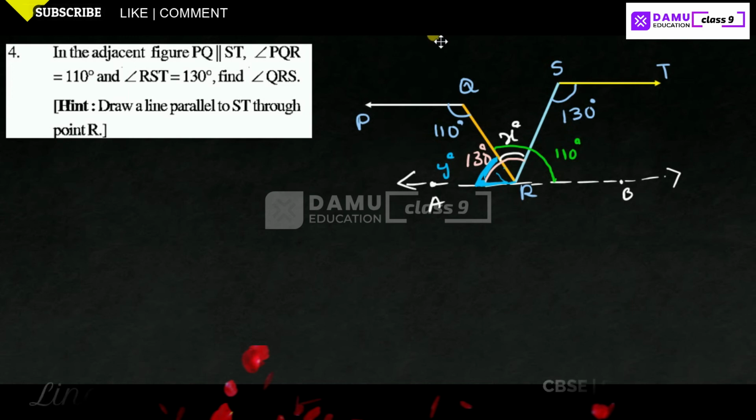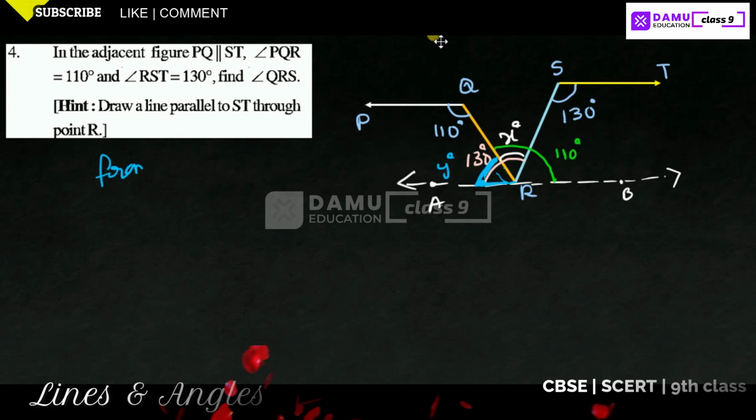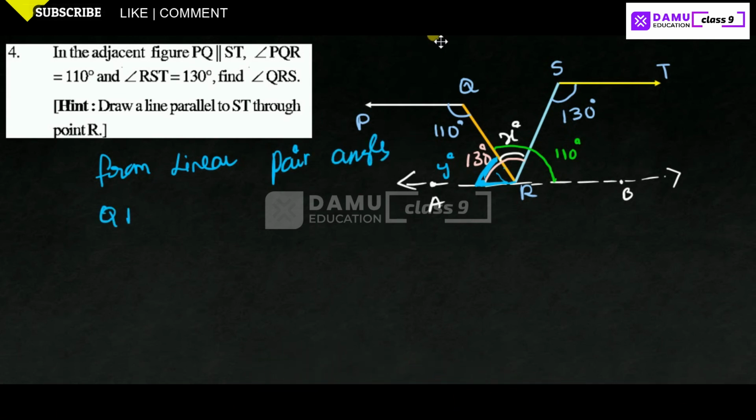Based on that, from linear pair angles, if you calculate this angle, from there you can subtract. For that you need to take 110 degrees as a reference. From linear pair angles, angle QRA plus angle QRB will be equal to 180 degrees.